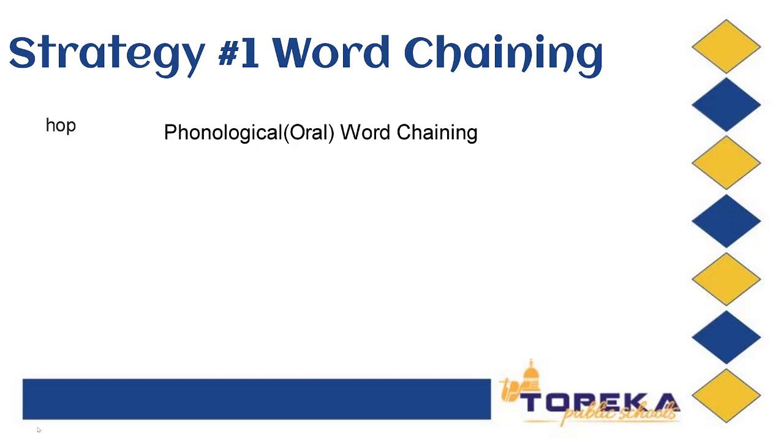And I would say to students, what word do you hear? Say the word hop. And the students say hop. And then you would say, now I want you to take hop, but instead of h, I want you to change it to t. And students would say the word top. All right, now I want you to say top, but instead of t, I want you to say ch. And a student would say chop.